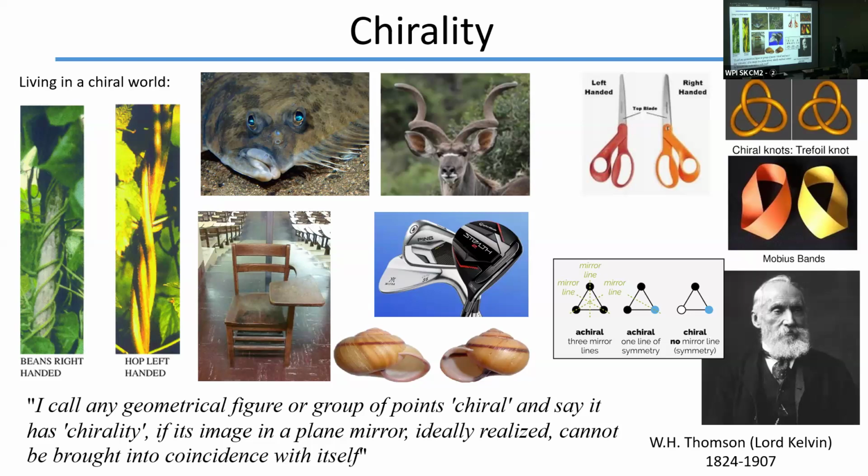And in line with a definition of chirality, our old friend W.H. Thomson, the later Lord Kelvin, he said that he calls any geometrical figure, or group of points, chiral, and says it has chirality if its image in a plane mirror, ideally realized, cannot be brought to coincidence with itself. So basically, chirality defines itself through the absence of mirror symmetry.